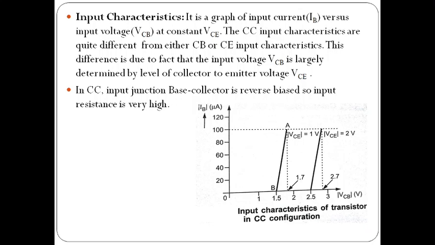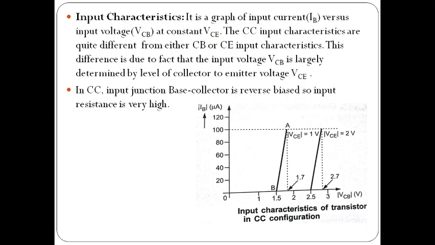So here in CC, the input junction, base collector, is reverse biased. When the collector junction is reverse biased, it offers very high resistance. So very high resistance is present in the common collector. Due to this reason, the common collector input characteristics differ from the common base and common emitter.